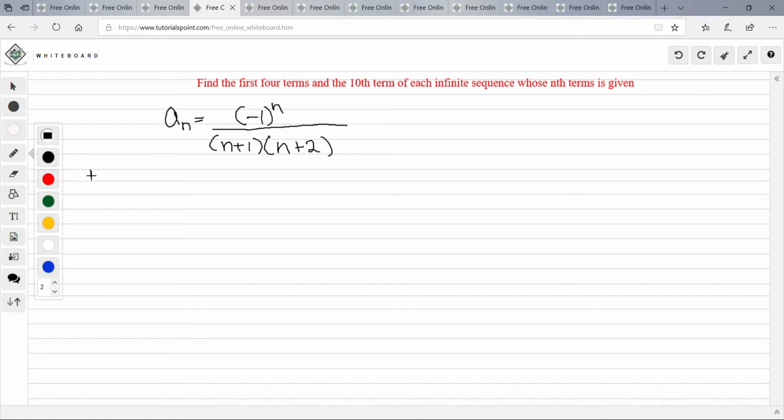So if you did the work, you should get negative 1, and then 1 plus 1 is 2. I'm just going to do this in my head. Remember, it's when n equals 1. So 1 plus 2 is 3. So that gives us negative 1 over 6.